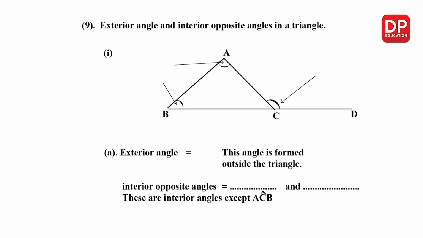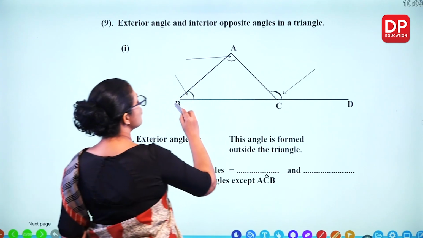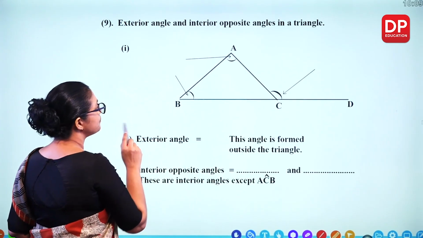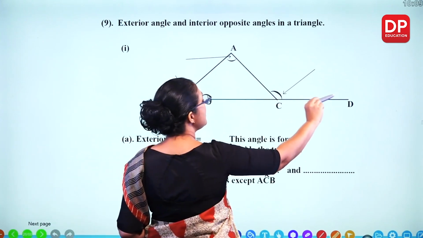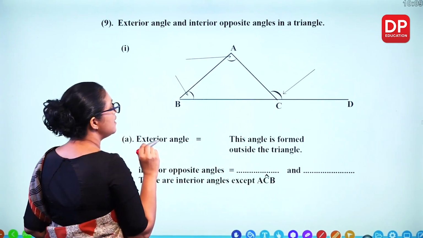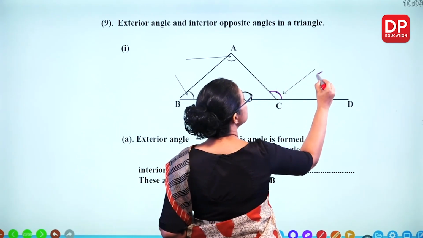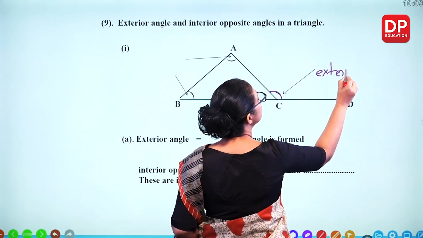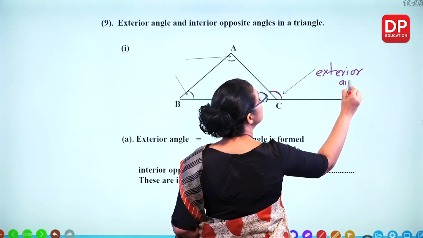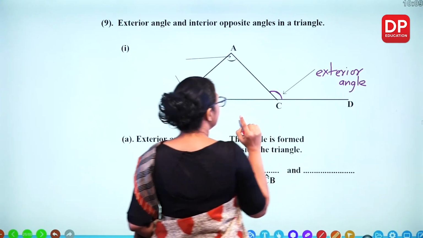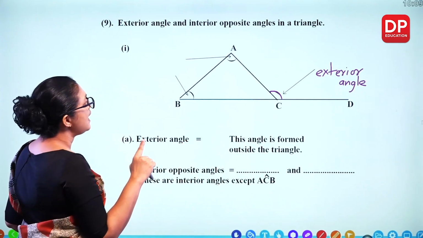Exterior angle and interior opposite angles in a triangle. So when you take this triangle ABC and extend the BC line to D, you get an outside angle. This is the exterior angle. How do you label that?